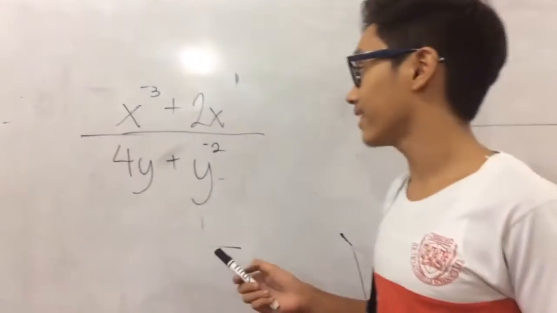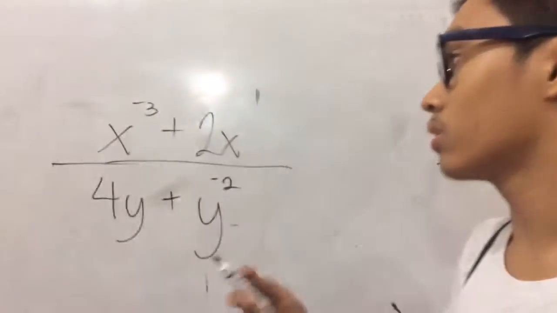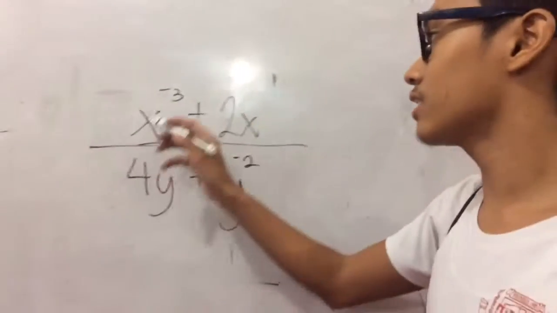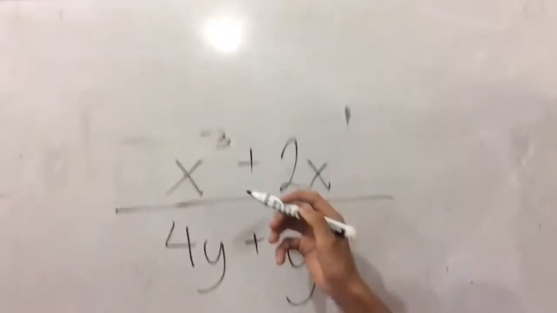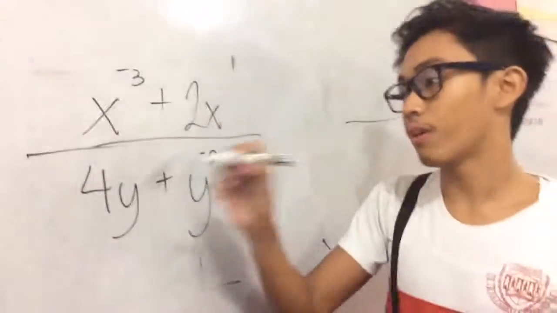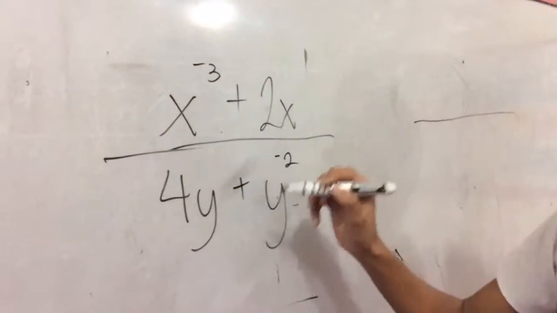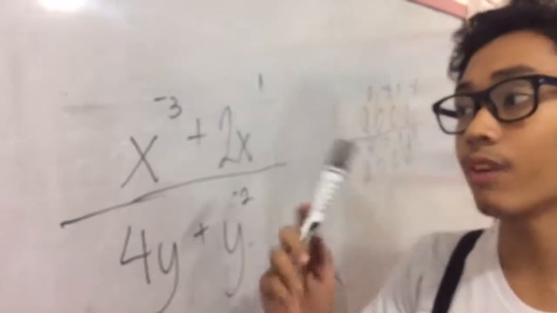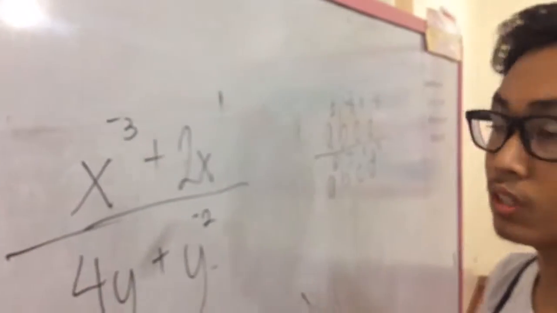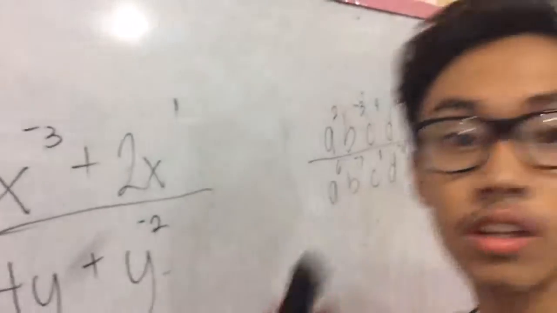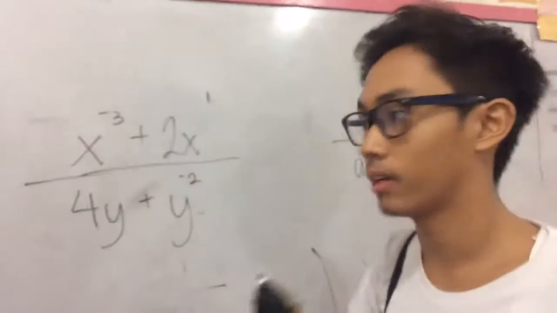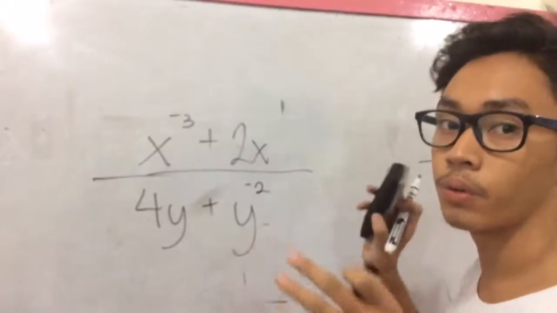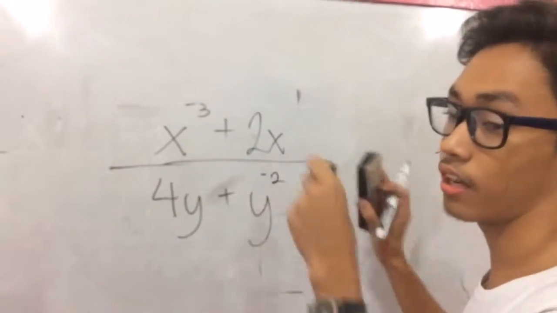Now let's have this last example before we end. So as you can see, x raised to negative 3 plus 2x divided by 4y plus y raised to negative 2. So now that it has a negative exponent, what you need to do is switch the numerator to the denominator if it has a negative exponent, and vice versa with the denominator if it has a negative exponent.